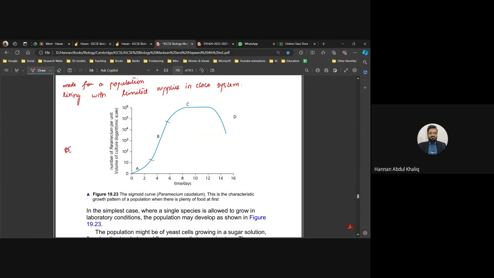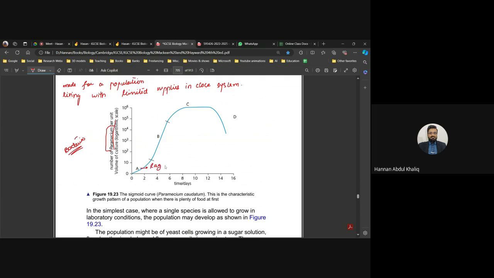Mostly we make this type of curve for bacteria. This is Paramecium, not bacteria, but it is a very similar curve that we make for bacteria.